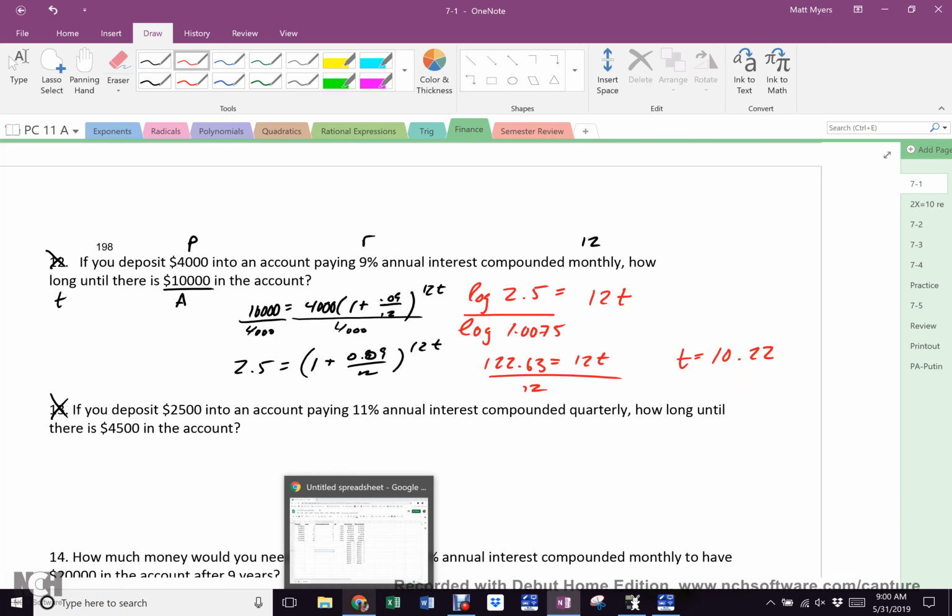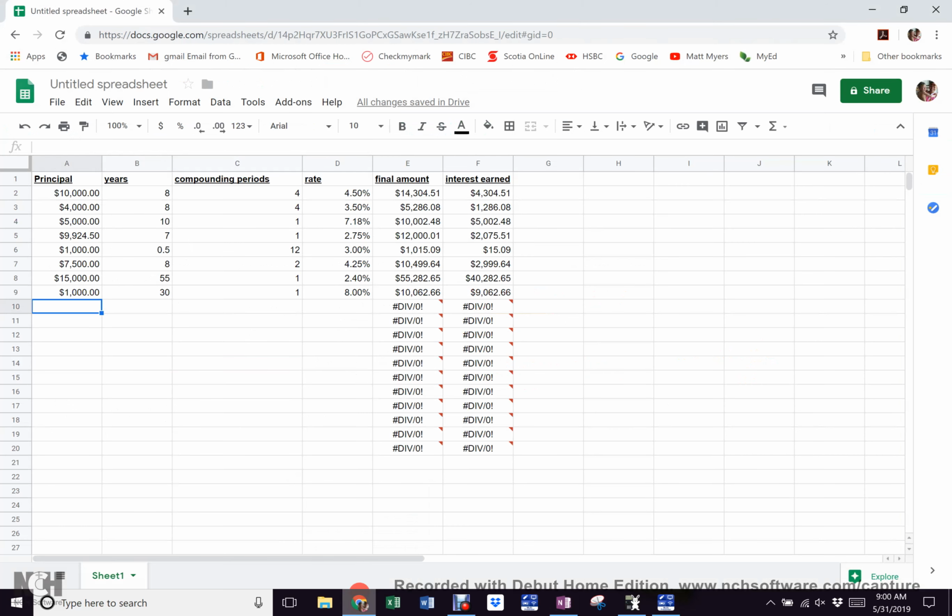Let's go to our spreadsheet. We started with $4,000, yes? We think that it's 10.22, yes? Compounding periods were 12.